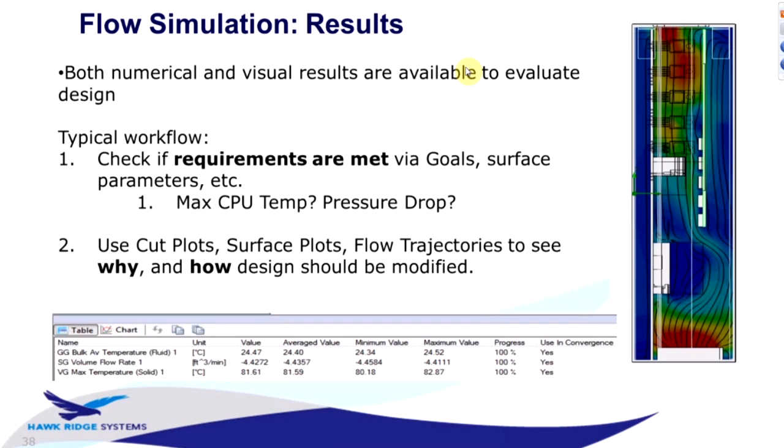Then once you've checked that, maybe you've determined that the design meets all the requirements, or maybe you've determined that it fails some requirement, or maybe that it's really over-designed. You can try to figure out from the other visual plots you have, such as cut plots or flow trajectories, why or how the design should be modified.